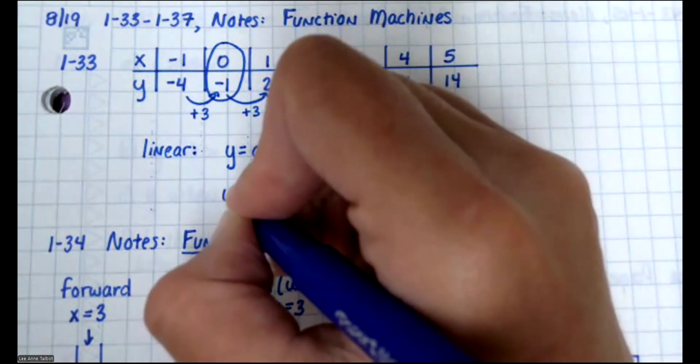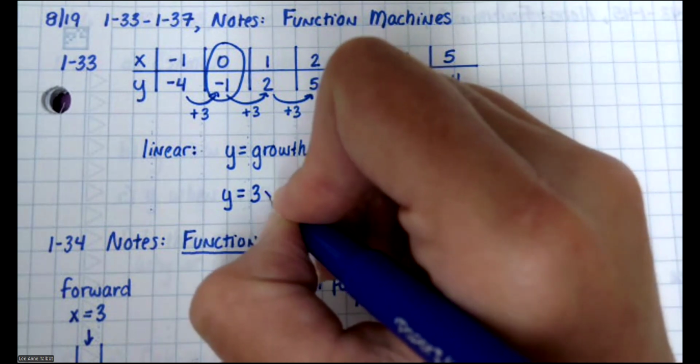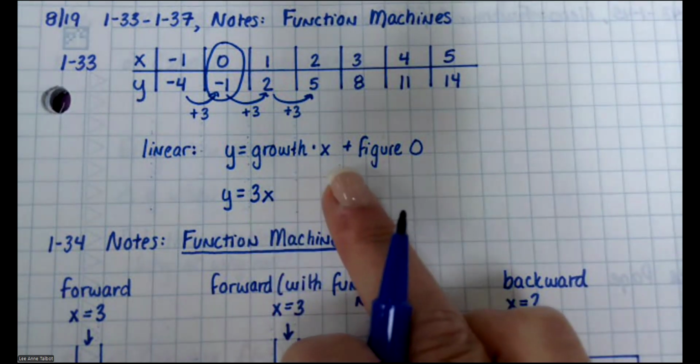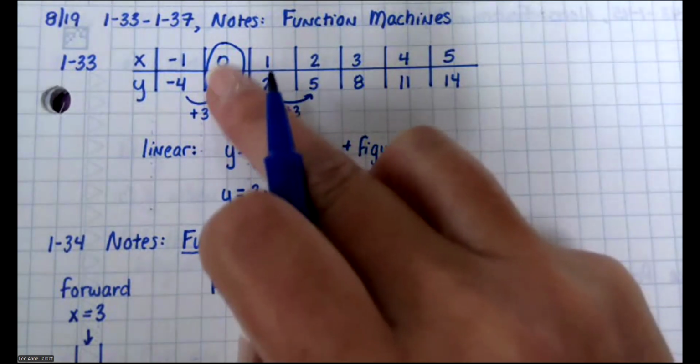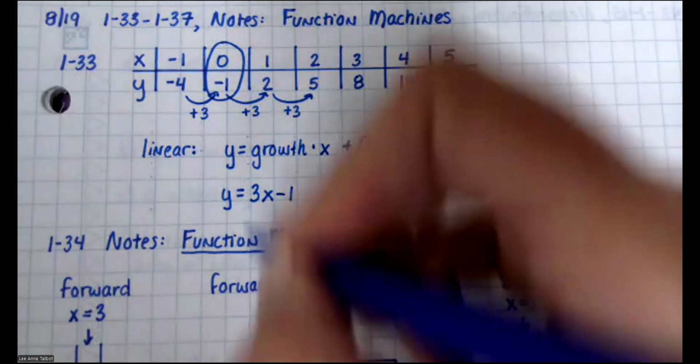Okay, so in this case, it would be y equals, the growth is 3 each time, times x. I don't really write the times, I just put the x right there. And then plus figure 0, there's negative 1, so I'm going to put negative 1.